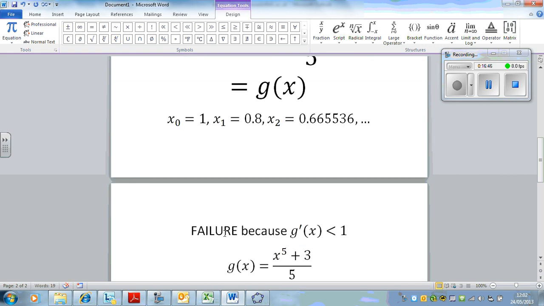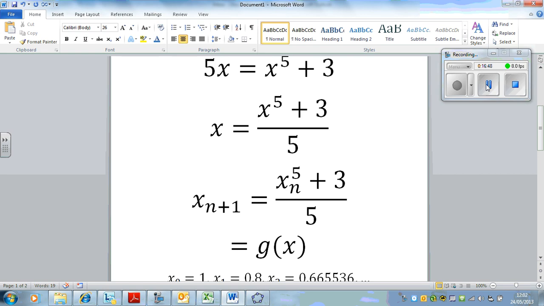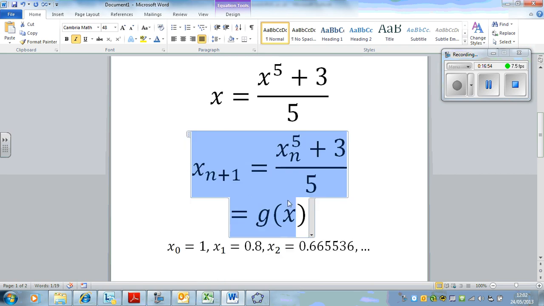Okay, so there's failure. It doesn't converge to the root we want it to. So our rearrangement was incorrect. Our rearrangement was the wrong rearrangement.